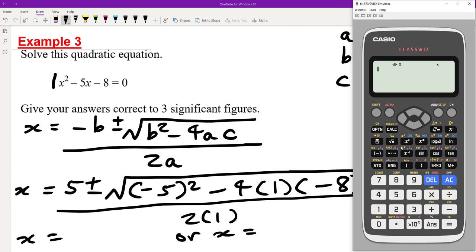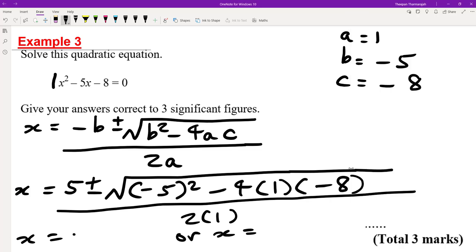And now we can work out the values on our calculator. So now we're just going to press the fraction button. So it's 5 minus the square root. Don't forget to use brackets here. -5 all squared minus 4 bracket 1 bracket -8 divided by 2 bracket, and then you've got 1. So this will now give me -1.27, correct to 3 significant figures.